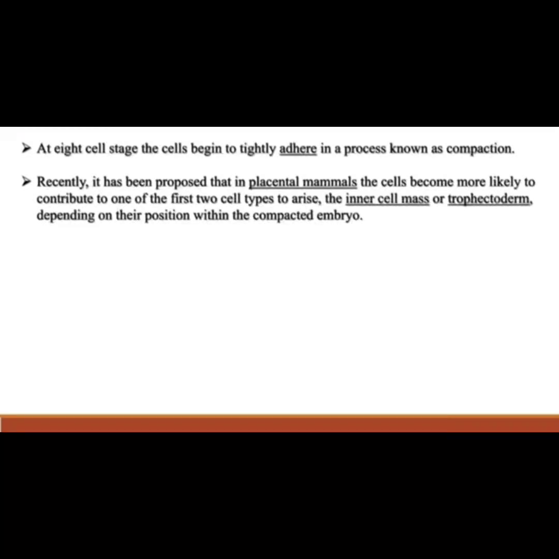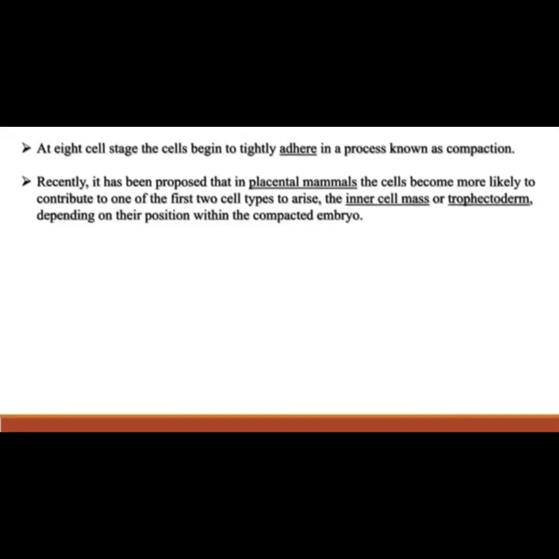At the 8 cell stage, the embryo undergoes some changes after 3 cleavages. At this stage, the cells begin to tightly adhere in a process known as compaction. Recently, it has been proposed that in placental mammals, the cells become more likely to contribute to one of the first 2 cell types to arise, the inner cell mass or trophoectoderm, depending on their position within the compacted embryo.